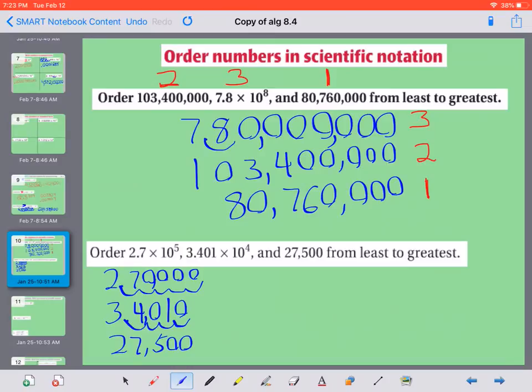We have 34,000, and we have 27,000. 27,000 is going to be our least, followed by the 34,000 and the 270,000. So this is our least, this is our second least, and our third least, or our greatest.